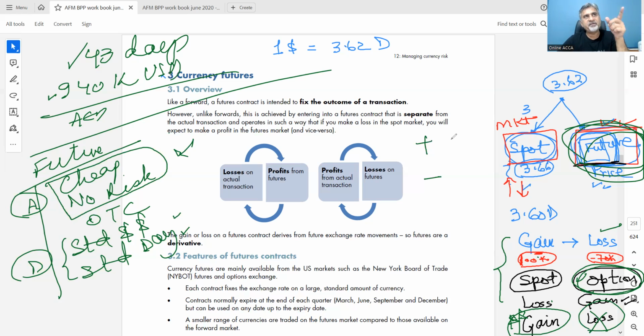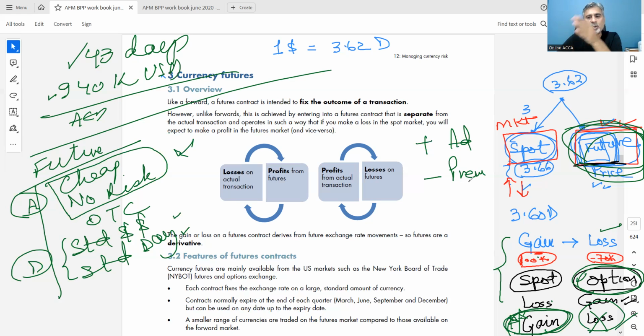So if it is making a loss, and I already have made a gain in the real market on the real transaction, I can avoid the loss by not exercising the option. So that is one big advantage. And the disadvantage here is that you have to pay premium for that.